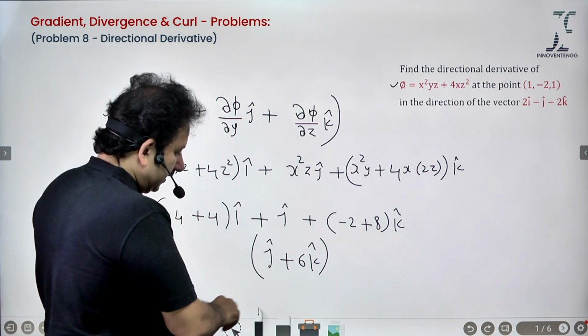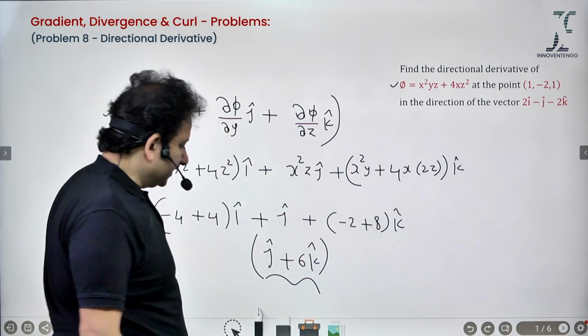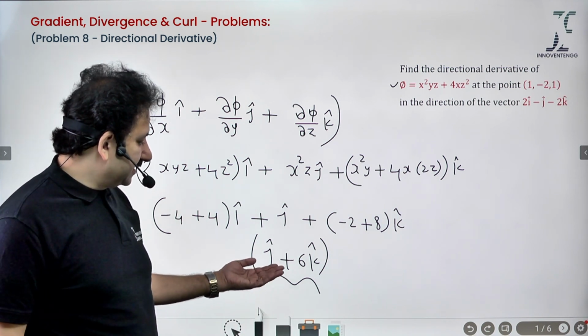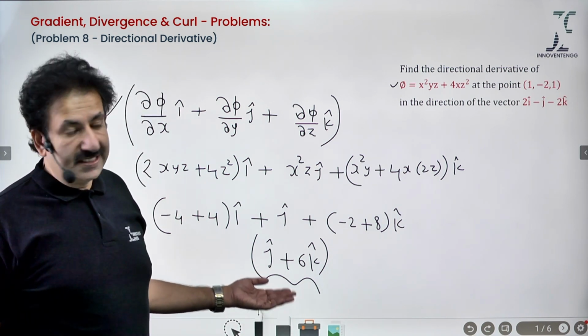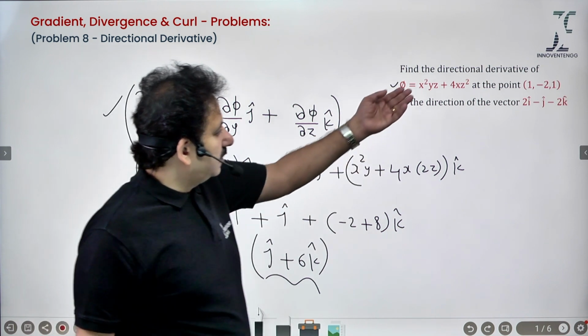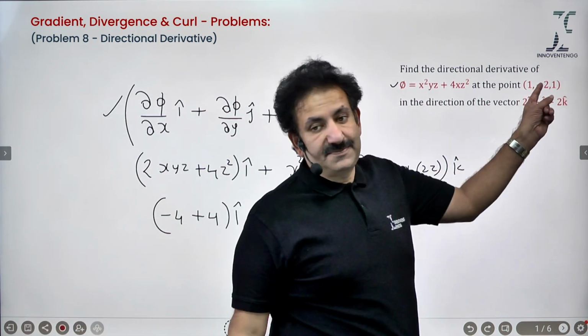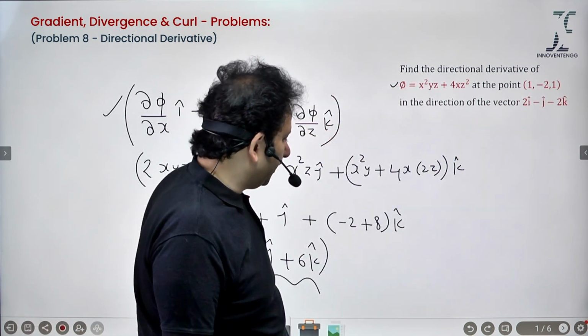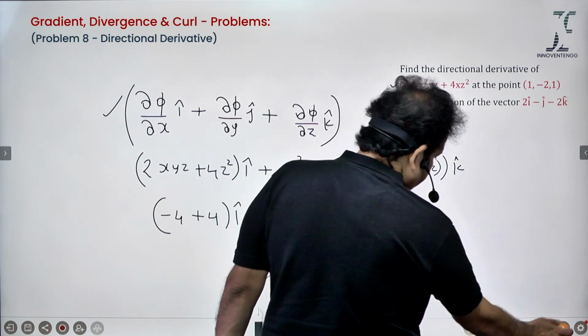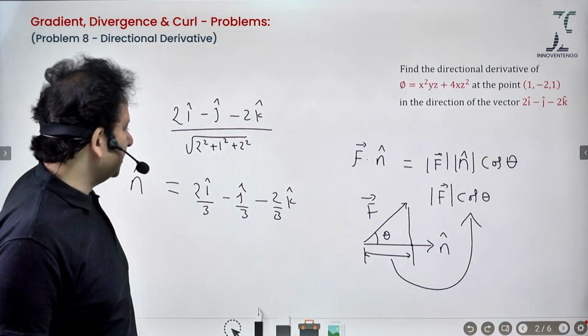If you divide this by its magnitude, this is nothing but the normal to the tangent plane that is drawn to this particular function at this particular point. Remember that. So that normal gives you the direction of maximum directional derivative.